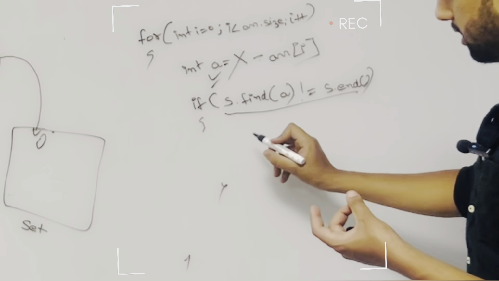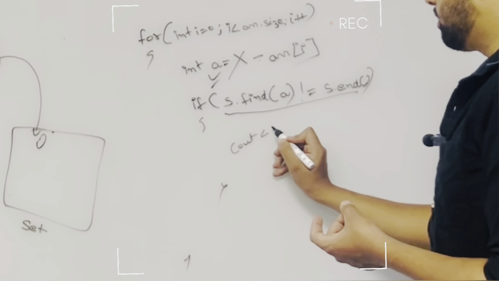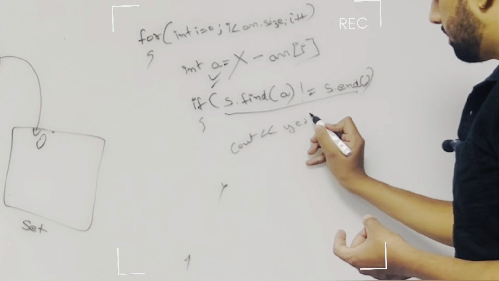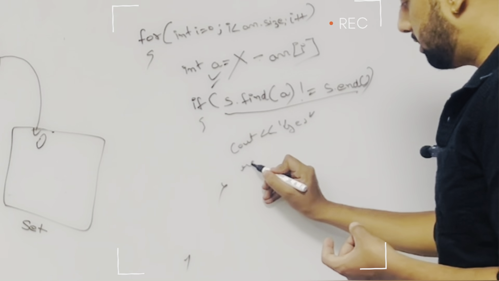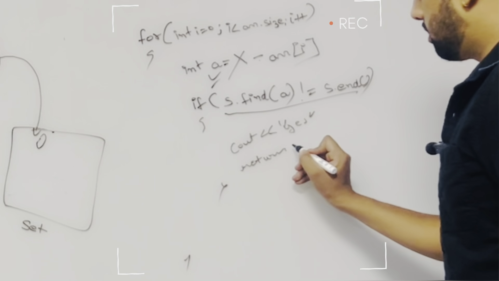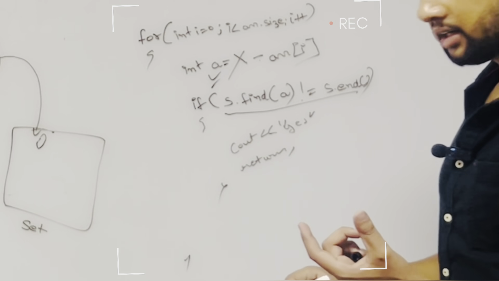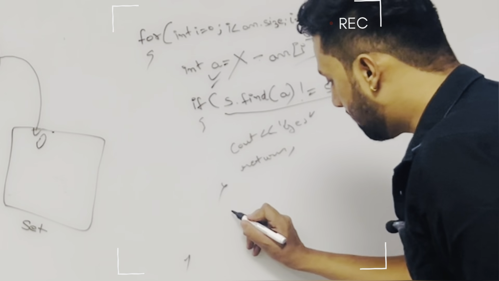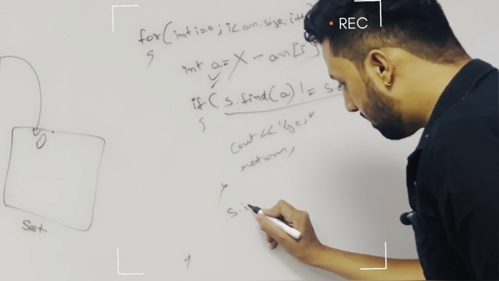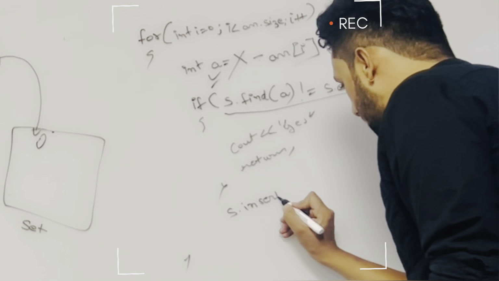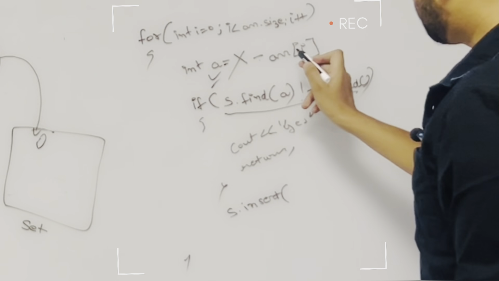If we have found that element, we can just say cout yes, we have found that, and return. Else, we just add it to our set: set.insert(arr of i).